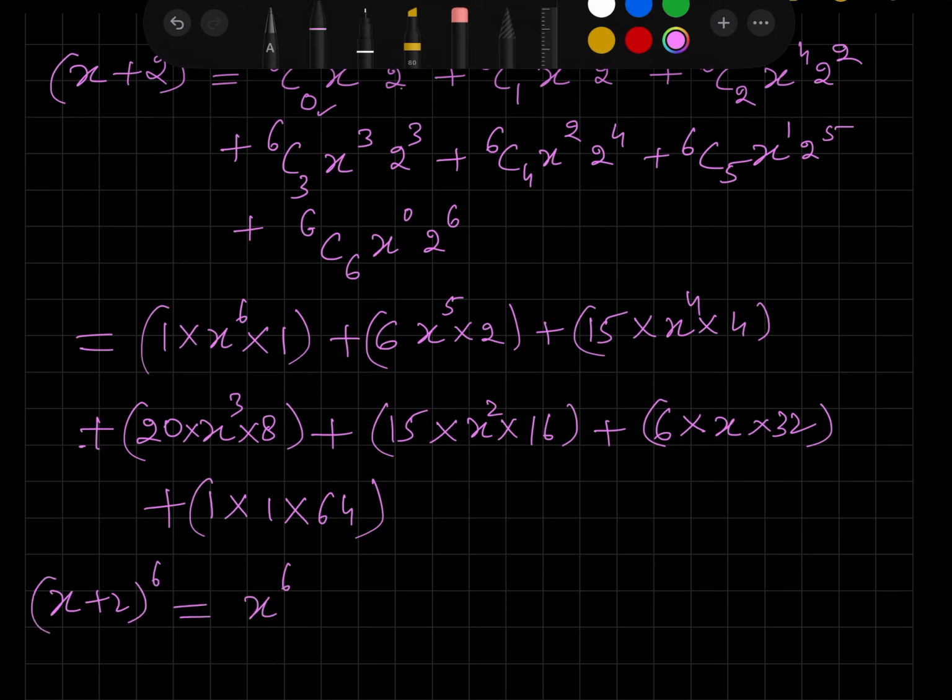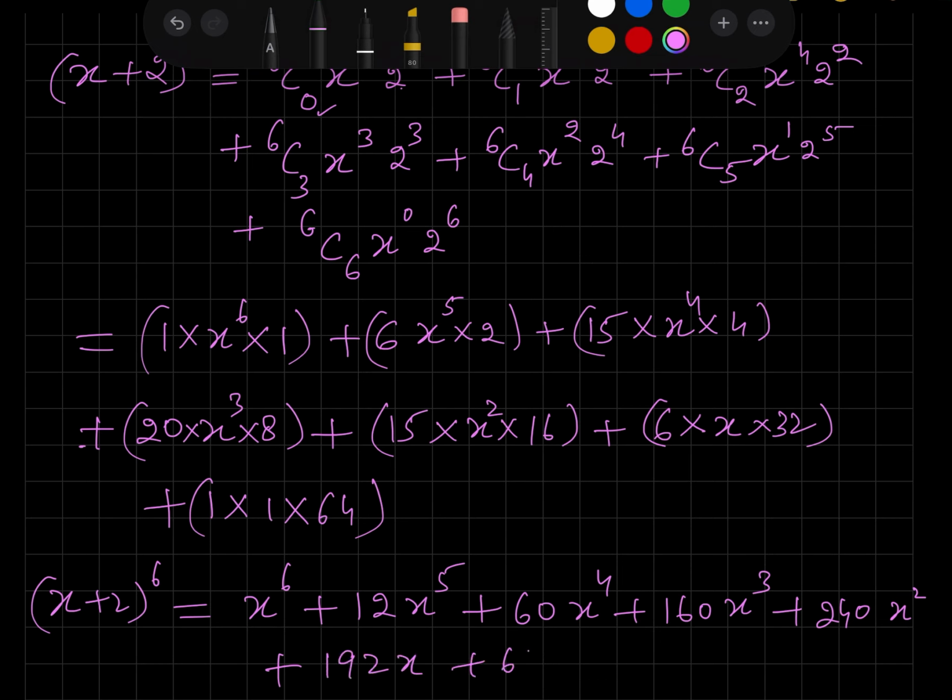It would be x raised to 6 plus 6 twos are 12 x raised to 5 plus 15 fours are 60 x raised to 4 plus 8 twenties are 160, so 160 x raised to 3 plus 16 times 15, that would be 240 x square, and plus 32 times 6 would be 192 x, and plus 64.